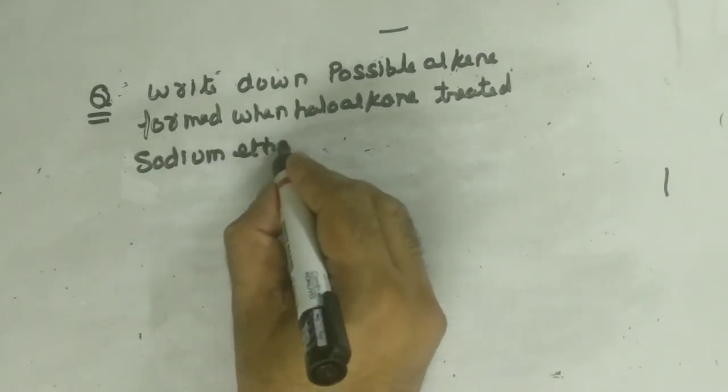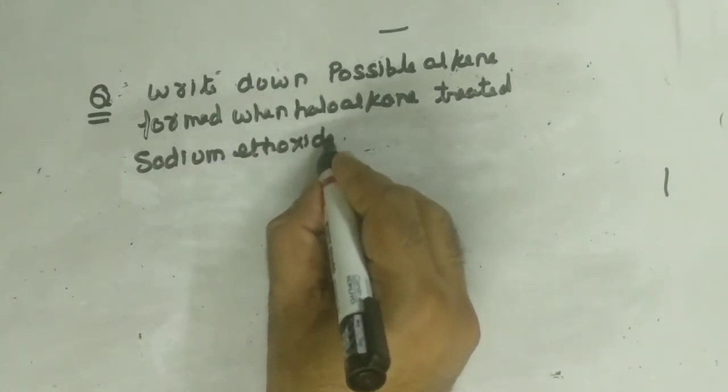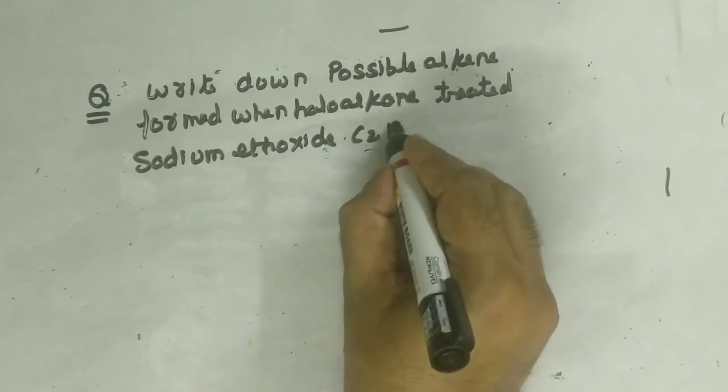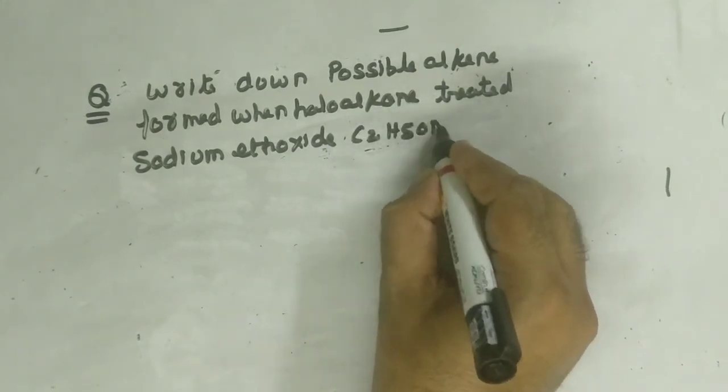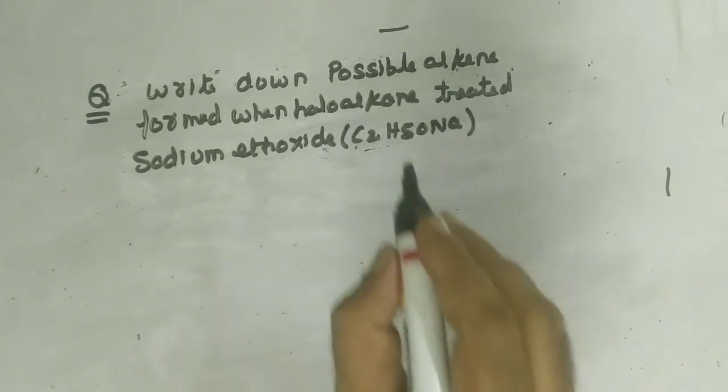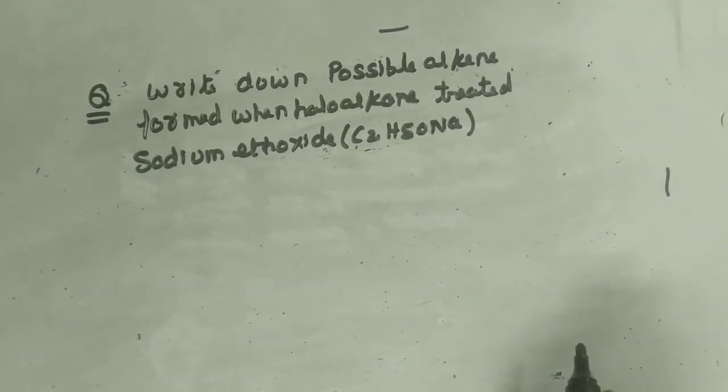If you want to know what is sodium ethoxide, you may be knowing, C2H5ONa, a very strong base. So you have to write down the possible alkenes which are formed when haloalkanes react with sodium ethoxide, and we have to also list which is the major product and which is the minor product.